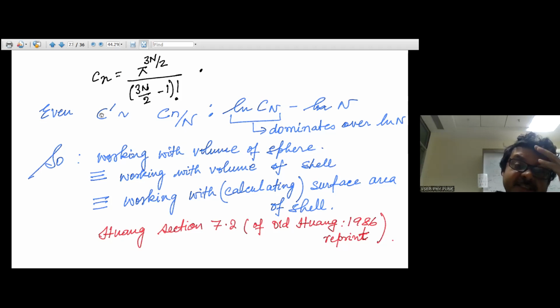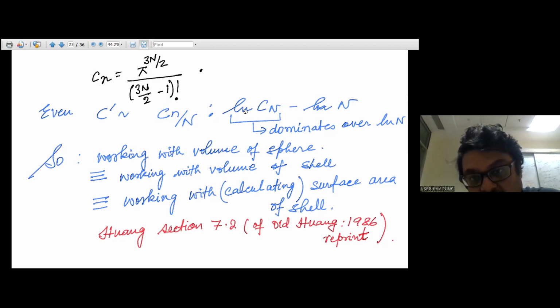And even if you take the derivative, so C dash would be some value which is equivalent to Cn by n. Okay, so this is a small n. You could take this to be the degree of freedom, and 3n is basically the number of particles. Sorry, n is the number of particles, and 3n is the degree of freedom, which is equal to small n. And this will be basically some number with this term, right?